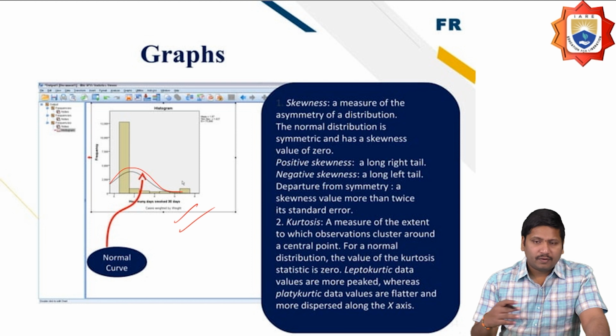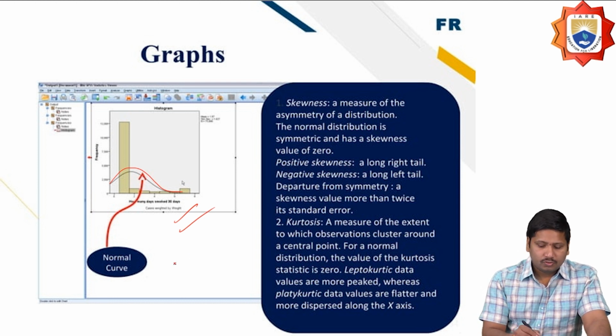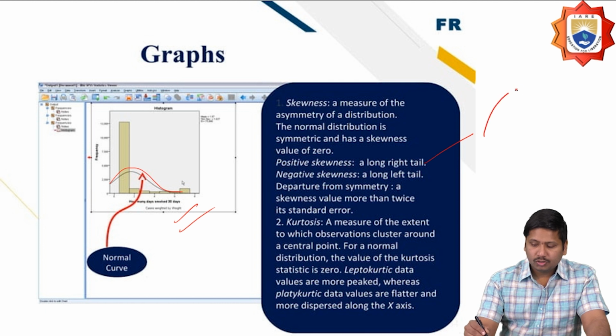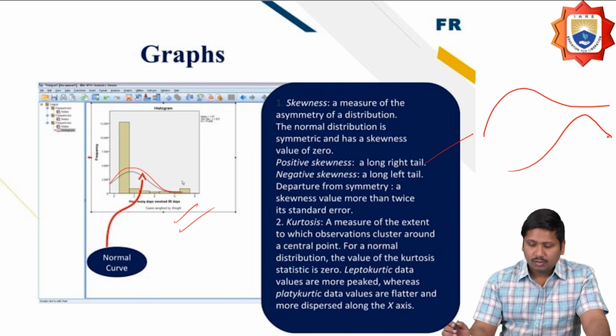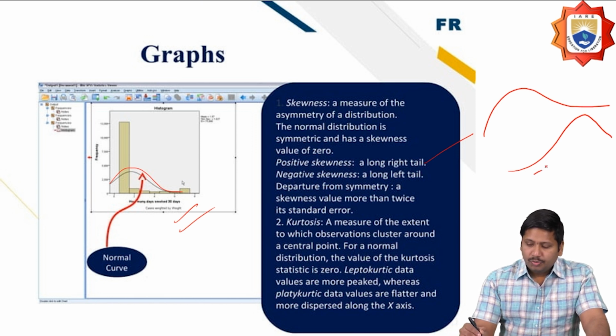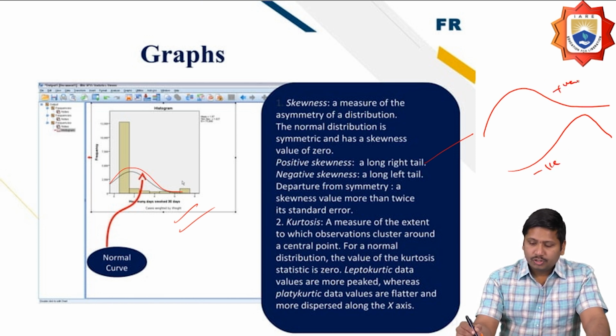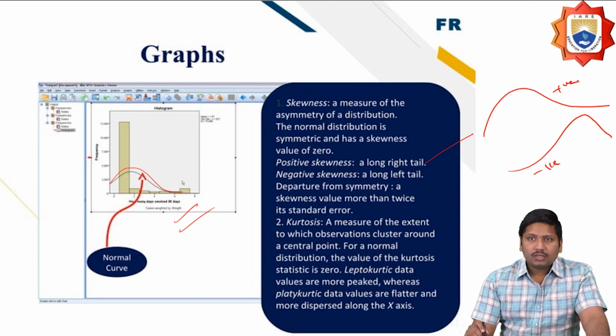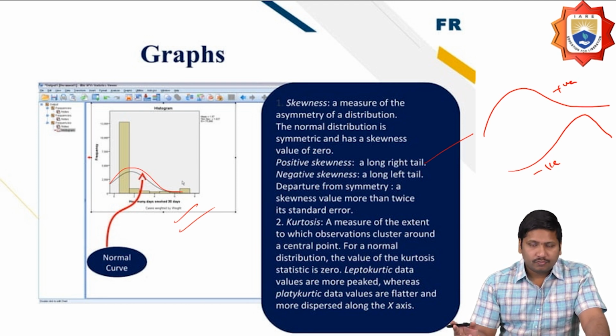If I have a long right tail, then it is positive. If I have a long left tail, then it is negative. An example for the positive should be like this; otherwise this would be the negative skewness and this the positive skewness. The skewness is a measure of asymmetry of distribution, where the normal distribution is symmetric and has a skewness value of 0.